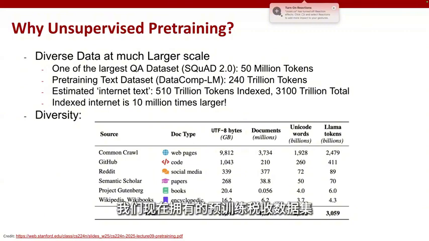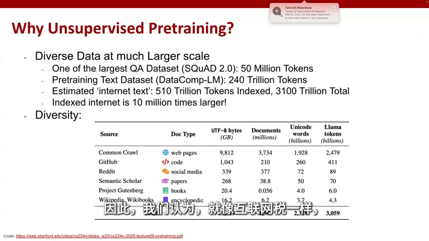But the pre-training text data set we have right now, called DataComp-LM, has 250 trillion tokens, which is a much larger scale than the largest QA data set. And if you count the whole internet text, it has around 510 trillion tokens. That's like 10 million times larger than the largest QA data set we have.